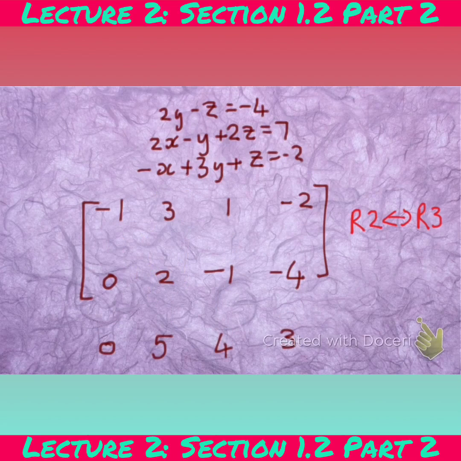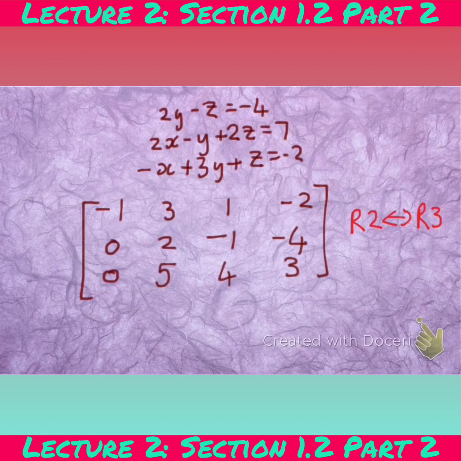Okay, so interchanging the second and the third row, we replace the second row with the third row and the third row with the second row. And so there we've placed the 2 as high as possible under the first row. And what we're going to do now is we want to create zeros beneath the 2. So we want to make all the non-zero entries below 2 in the second column 0.